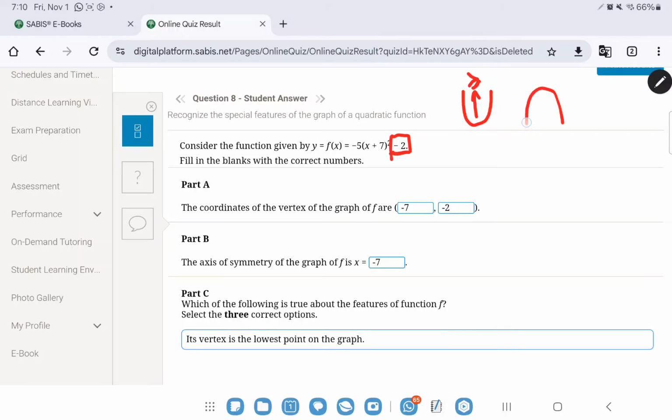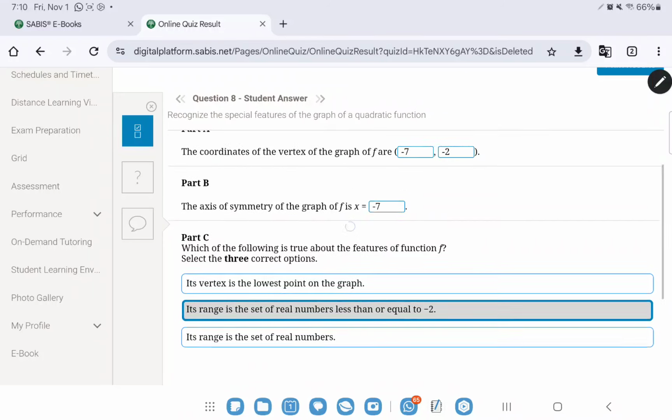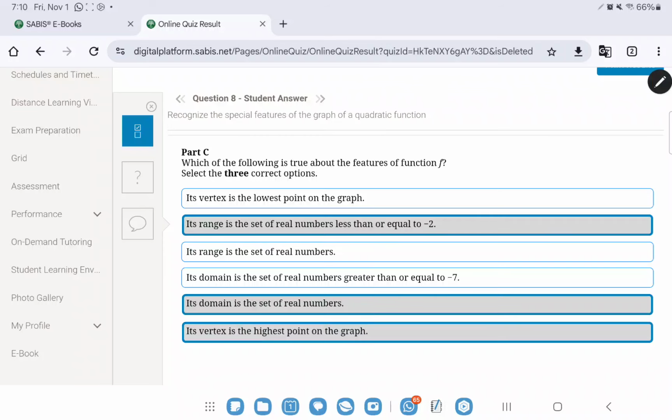When it's opening downwards, it's gonna be less than or equal. Here, since it's opening downwards, it's less than or equal to -2. So the range is the set of real numbers less than or equal to -2.